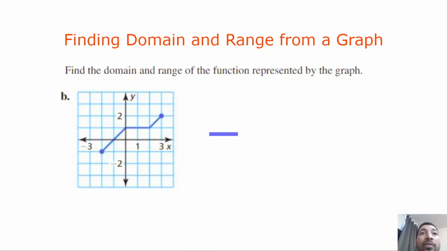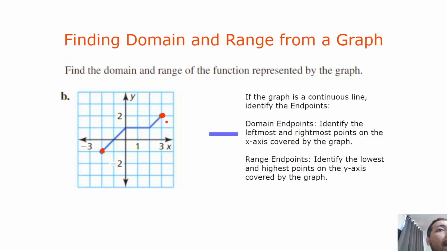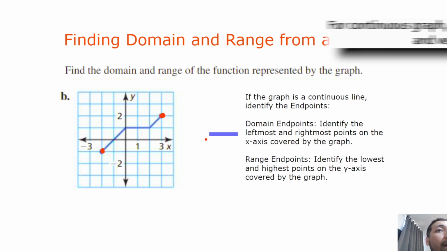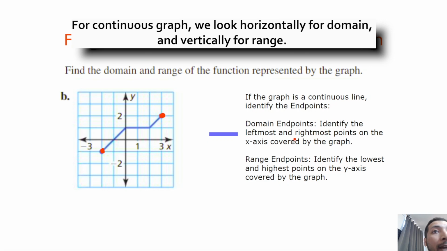Now we'll see how to find domain and range of a continuous graph. If the graph is a continuous line, the strategy is we identify the endpoints. So over here, for this continuous line, this is the endpoint on the left side, and this is the endpoint on the right side. Once we identify the endpoints, we can now find the domain and range. For the domain, we identify the leftmost and rightmost points on the x-axis covered by the graph.